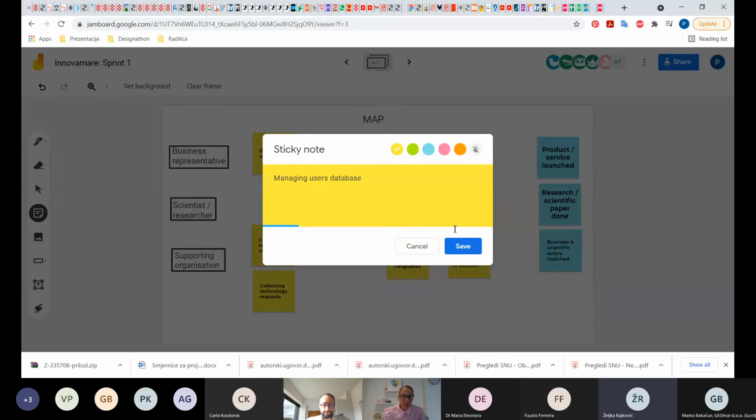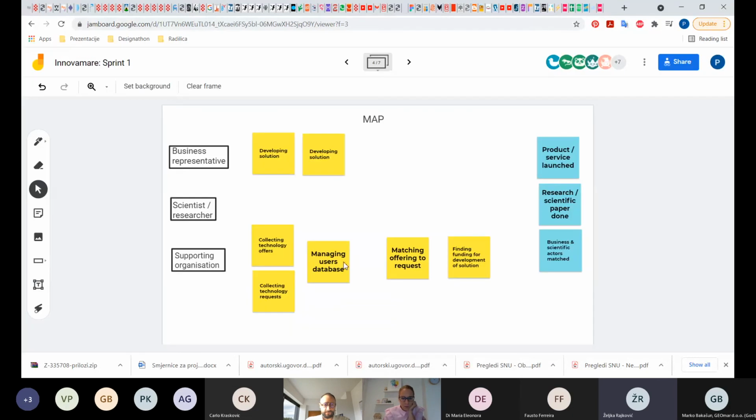Yes, we will have to have a person, an administrator, that will keep everything up to date, and of course this matching, we would actually love to have it automated, so that the system recognizes the matching and then just lets the admin know that there has been a matching of technology offers and technology requests.